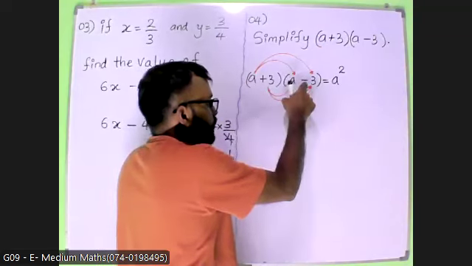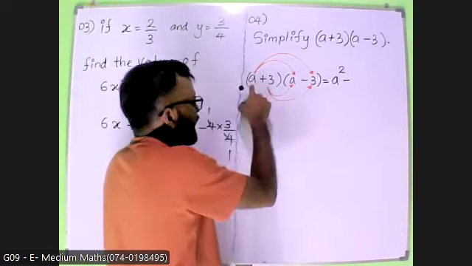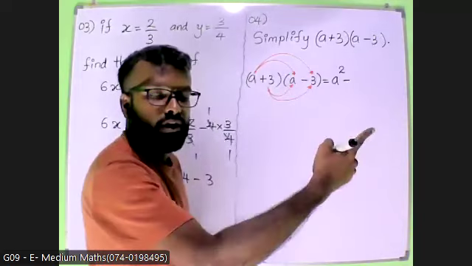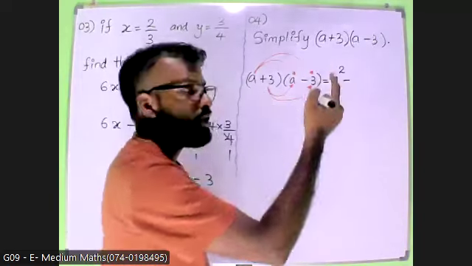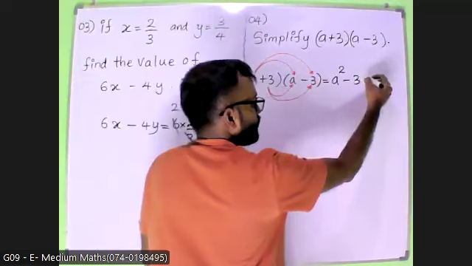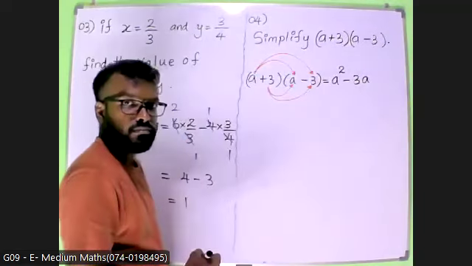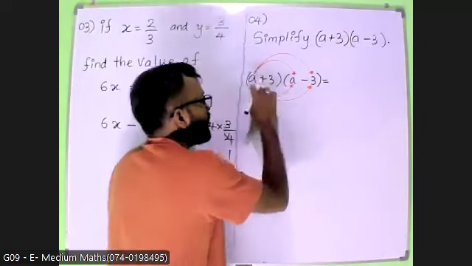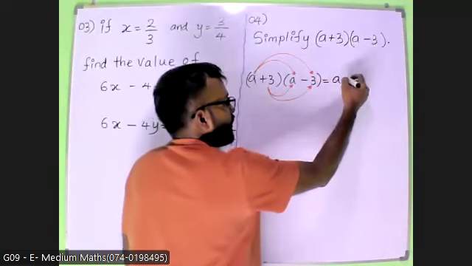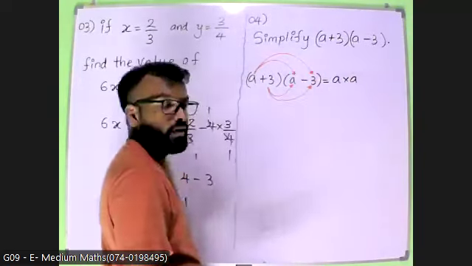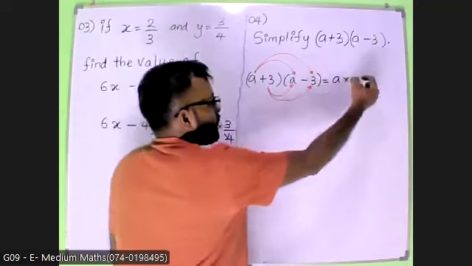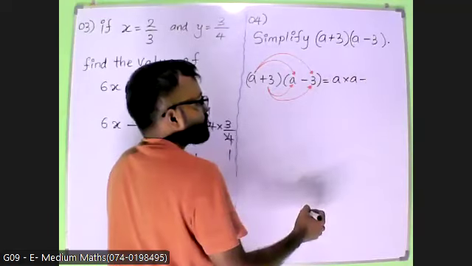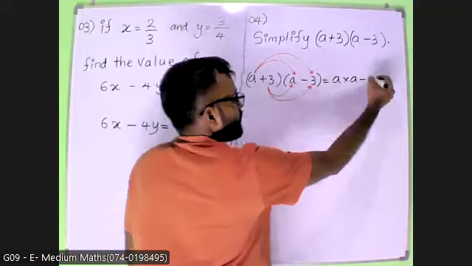Positive times negative, negative. A times 3, you can write 3 times A, 3A. I will write it in a simple way. A times A times A. Positive times negative, negative. A times 3.